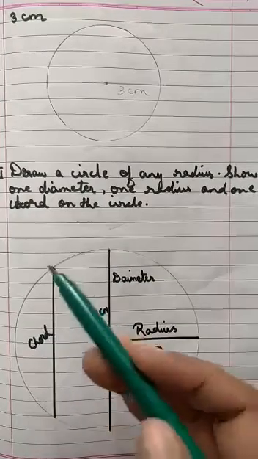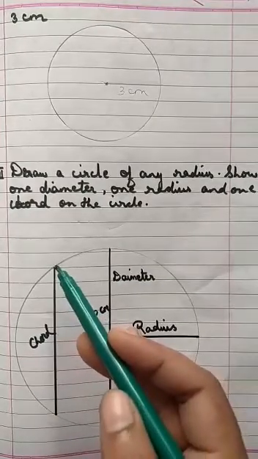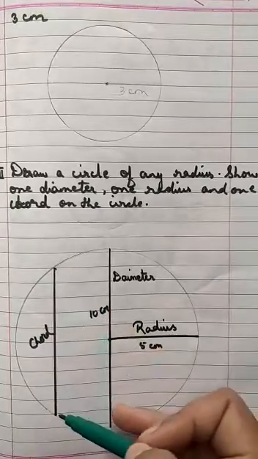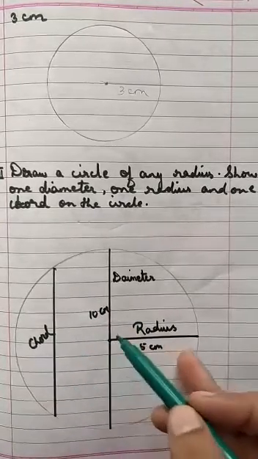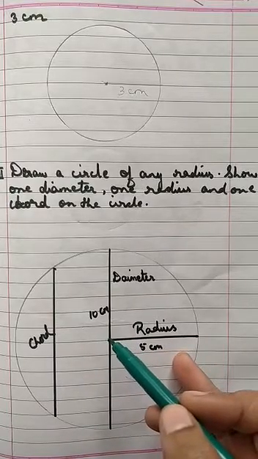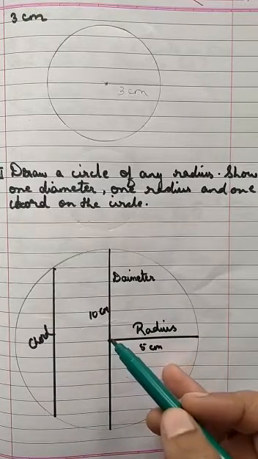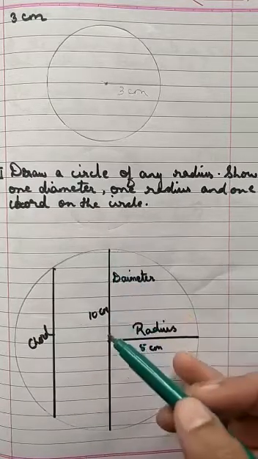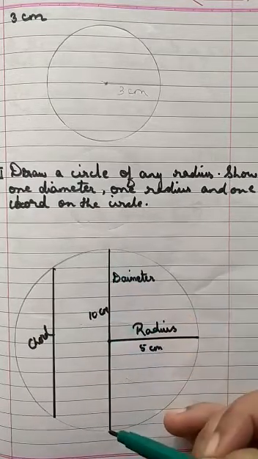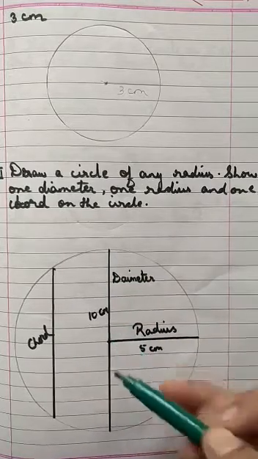And what is chord? It is starting from one circumference to another circumference, but it is not necessary in the chord that it should go through the center. Understood? So diameter starts from one circumference and ends at another circumference and passes through center.